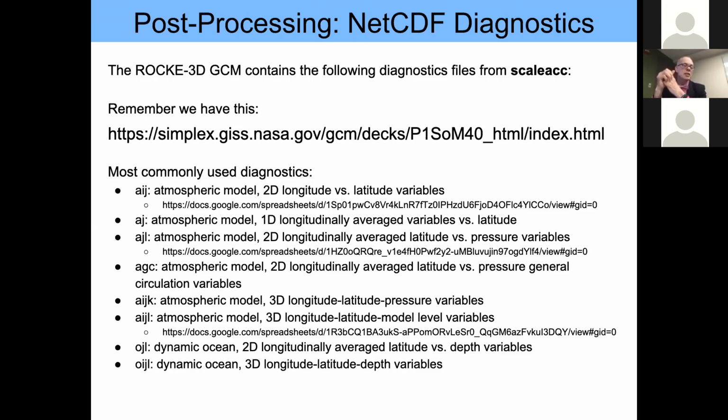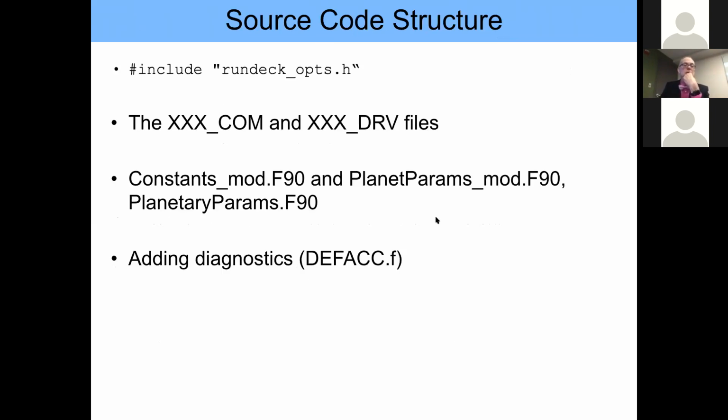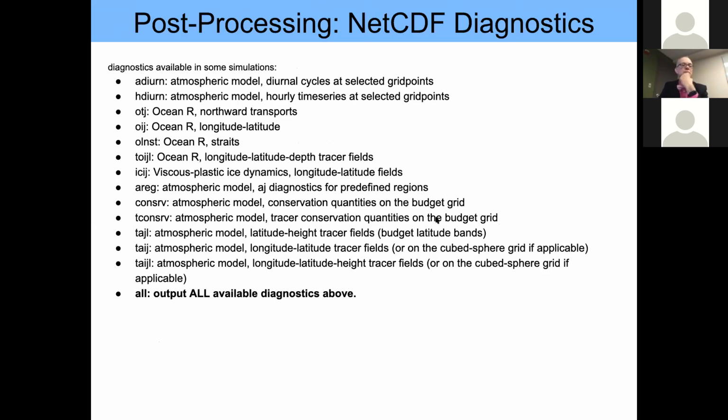There are also ocean dynamic outputs, very similar in syntax to the atmospheric outputs, and those begin with O, obviously: OJL, OIJL, OTJ, all kinds of stuff there. And there are some other things which are not well documented, and I have never used them myself, things like the tracers ones.